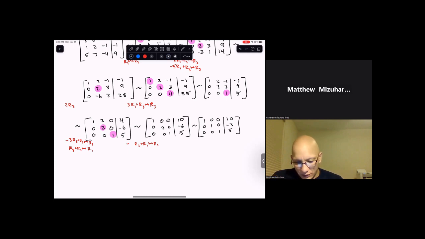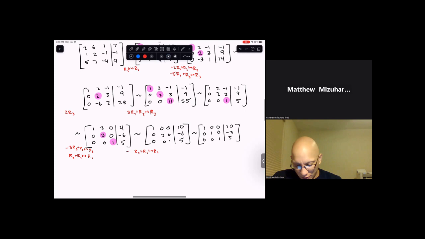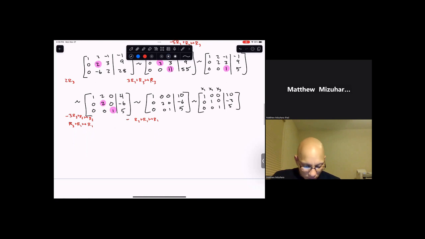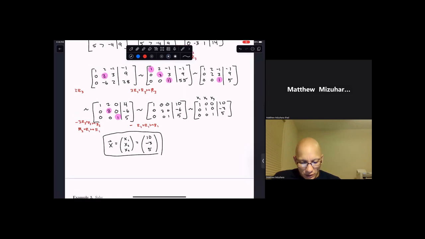And so just as a reminder, what I'm really looking at here is the x1, x2, x3 components. And so my solution vector x, made up of x1, x2, and x3, well, this is telling me 1x1 is 10, 1x2 is -3, 1x3 is 5, and there you go. That is my solution to this problem.